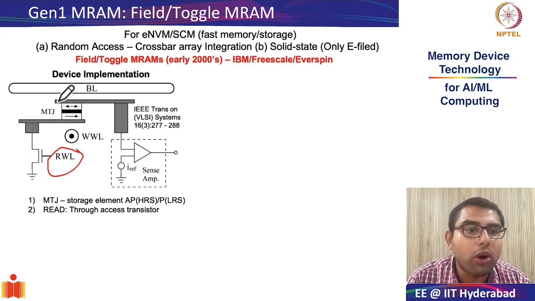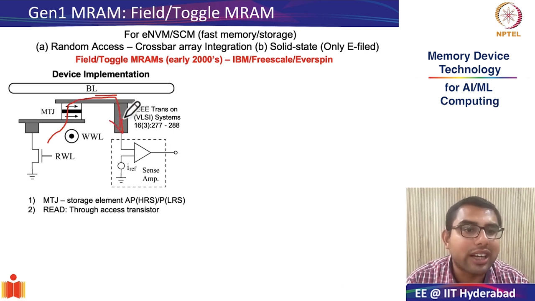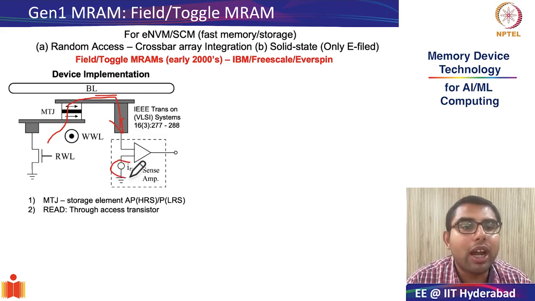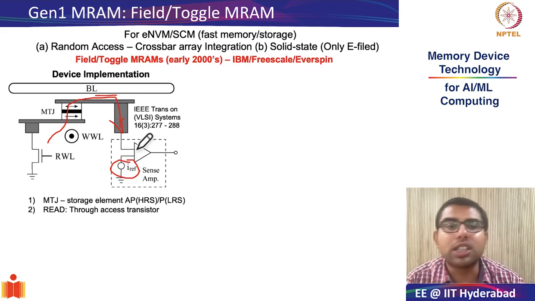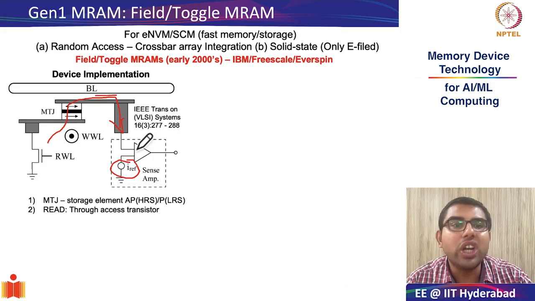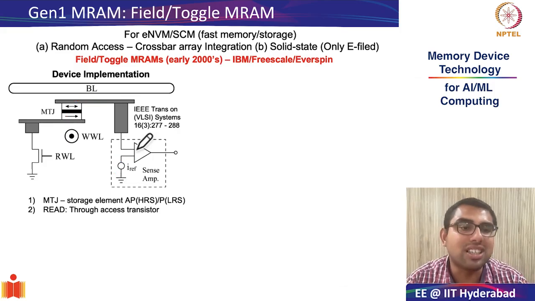When you enable your word line and you apply an appropriate voltage on the bit line, depending on whether this device is in high or low resistance state, the read current is reflected, which is compared with the reference value. And if the read current is above the reference value, of course it is in LRS, otherwise it is in HRS. So the read configuration is very simple to understand.